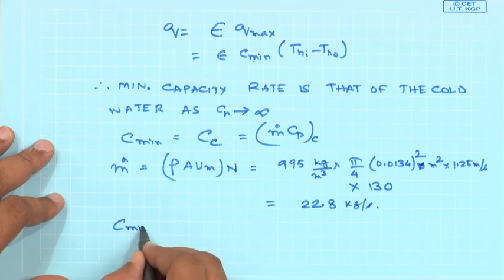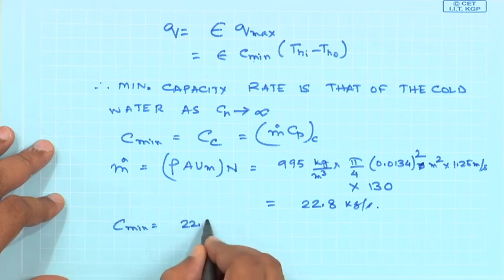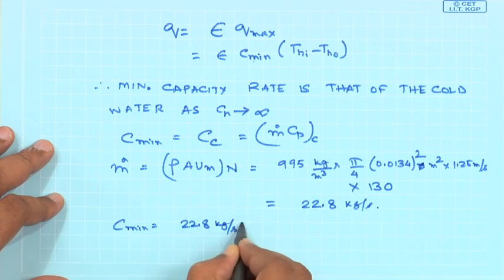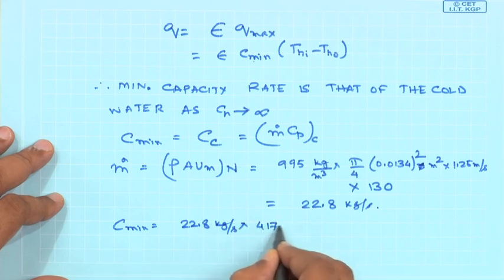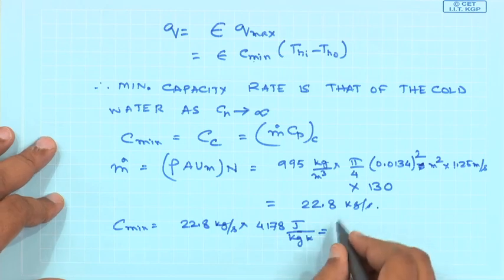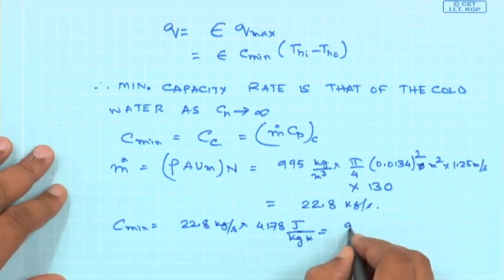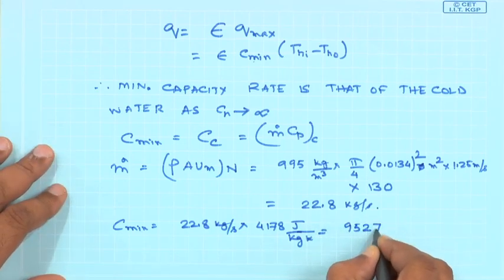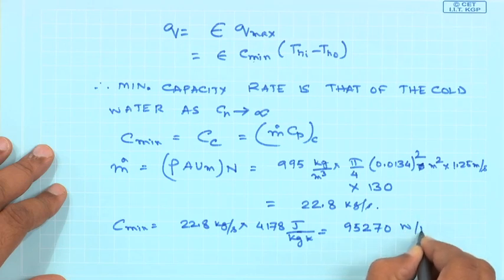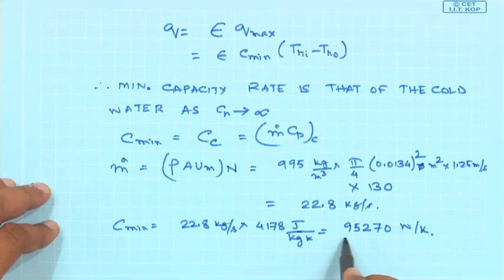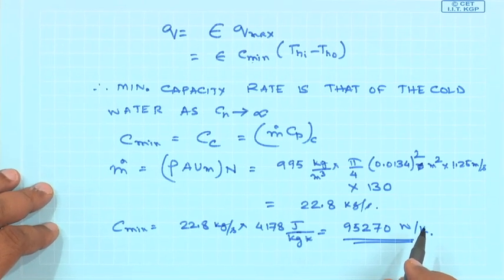So, my C minimum is 22.8 kg per second into 4178 joule per kg per Kelvin, which is 95270 watt per Kelvin. So, this is the value of C minimum that we have obtained.